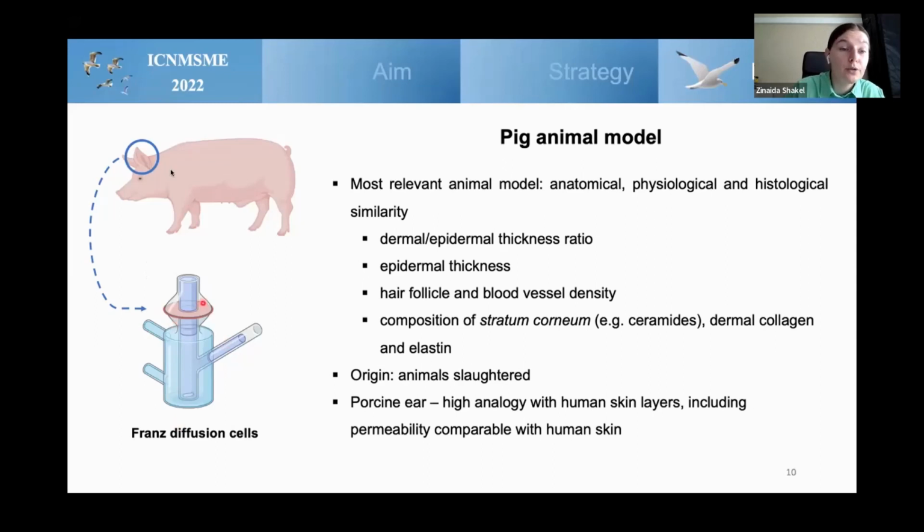And we introduce our compound here in suspension. The bottom compartment contains PBS buffer, and we have stirring and temperature control, and at specific time points, we can remove a sample and analyze it and see how our substance permeates through the skin.